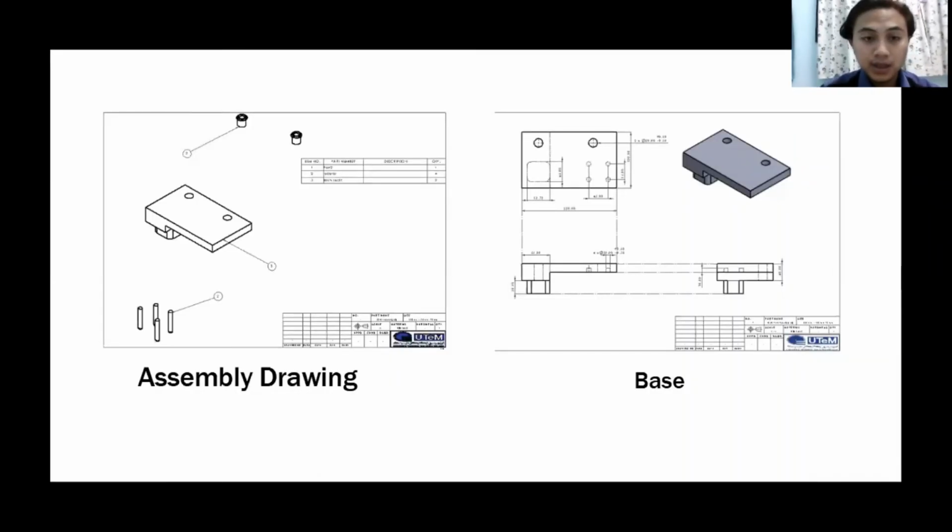Assalamualaikum and greetings. I'm Ahmad Munawir and I want to present our design of the jig. In this project, we chose the template jig, which is the simplest of all types of jig. In this slide, the first picture is our assembly drawing of the base of the template jig and the supporters, which are the bush and the locator.